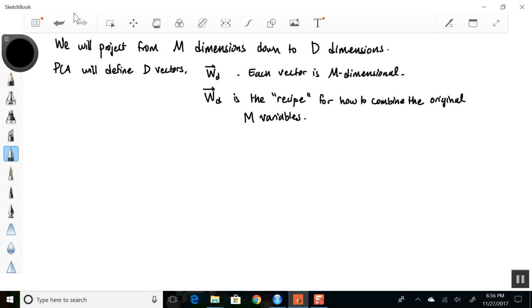And it might say, okay, you need to weight the first variable at 40%, and the second variable at 5%, and the third variable at these different percentages or different amounts, and we'll end up having 2 of these things.